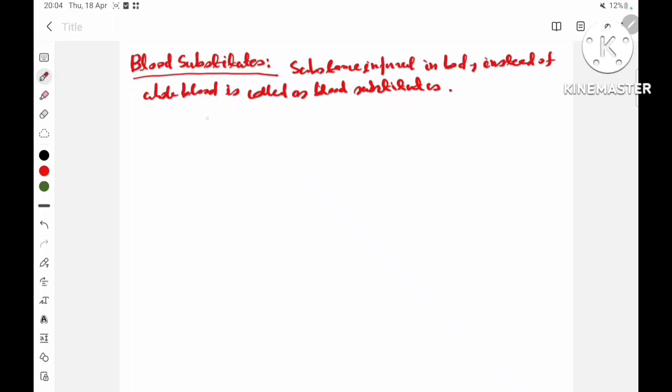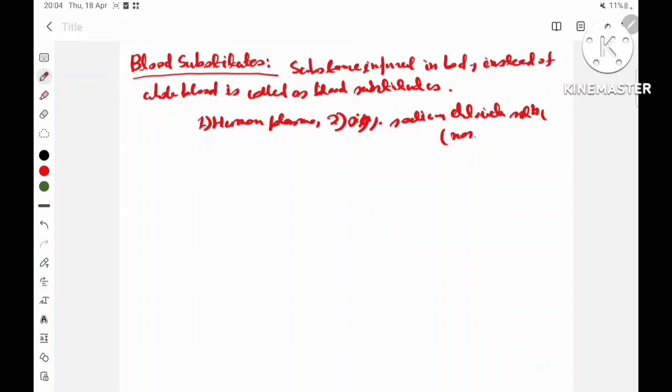Commonly used ones are, for example, number 1, human plasma, number 2, 0.9% sodium chloride solution, which is also known as normal saline, and 5% glucose.